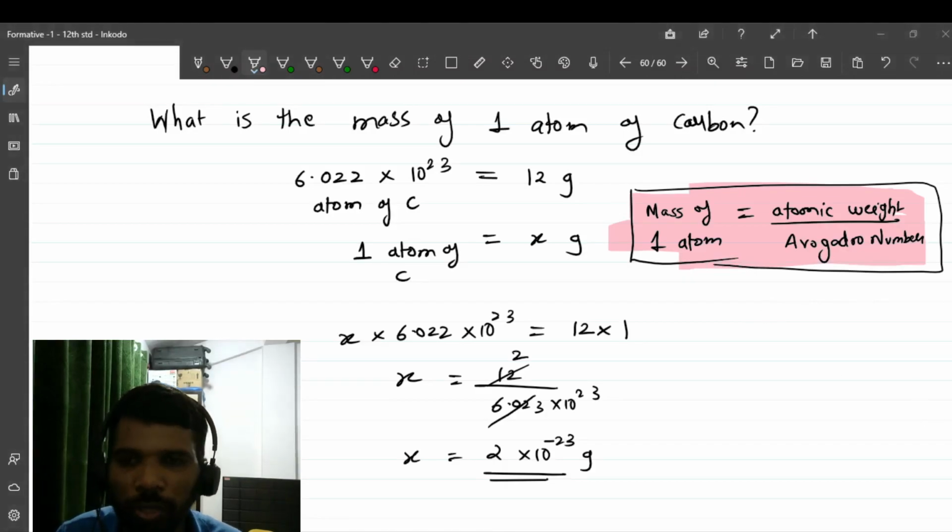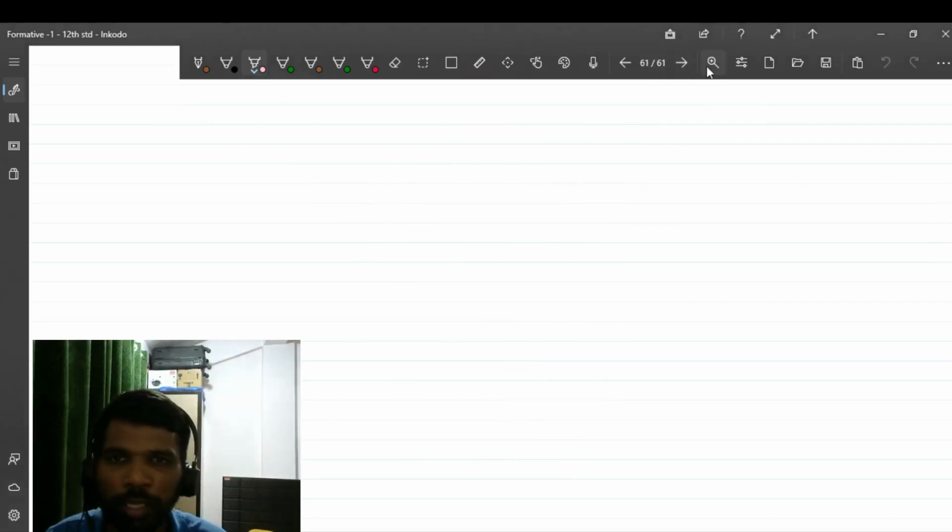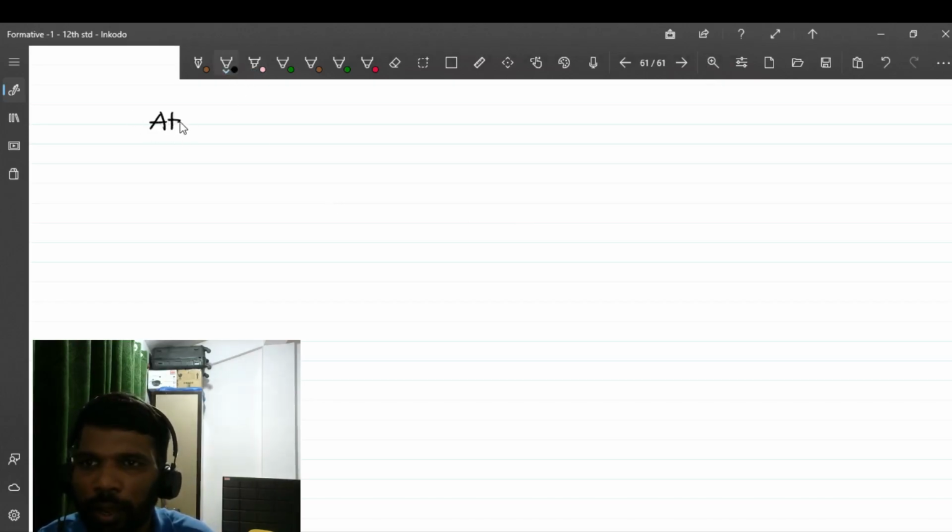So let's solve some questions based on these concepts. One more thing I'll make clear is that many students get confused with atomic mass, molar mass, and molecular mass. These are the terminologies you are going to encounter. One is atomic mass, you should be very clear with this.